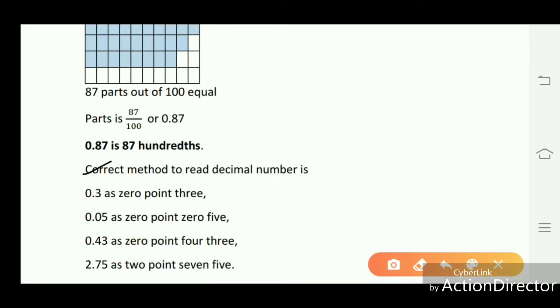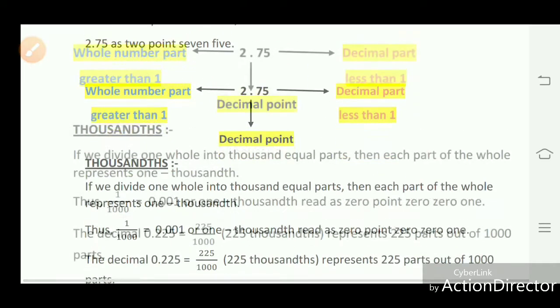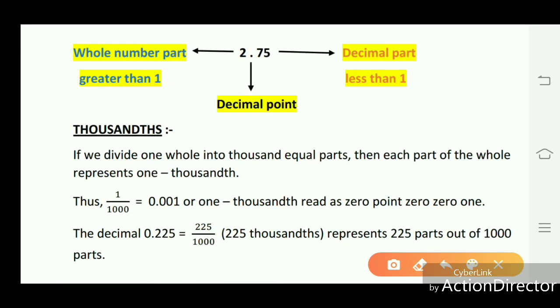The correct method to read a decimal number is 0.3, 0.05, 0.43 and 2.75. This is the correct method to read a decimal number. So a decimal number has two parts, the whole number part and the decimal part.